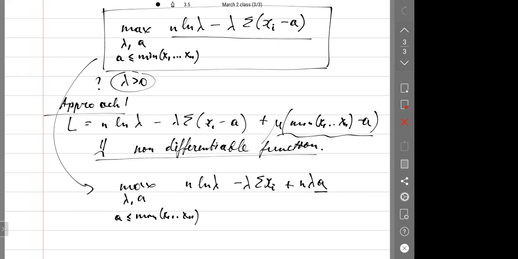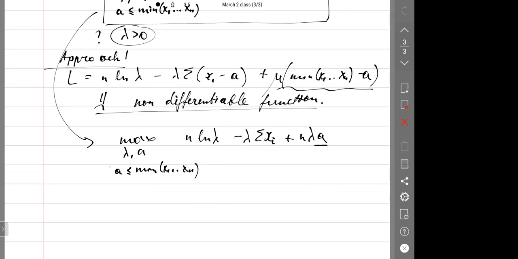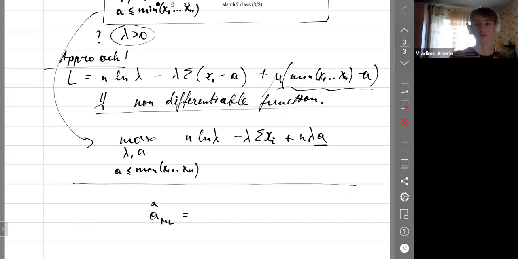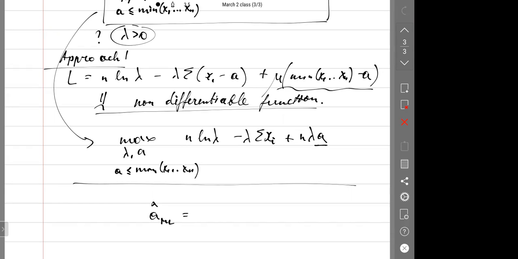So what is the optimal a? It's very easy to find the optimal a in that situation. It's the minimum of x. I would like to prefer the biggest value of a as possible, but it's impossible to have a bigger than the minimum.